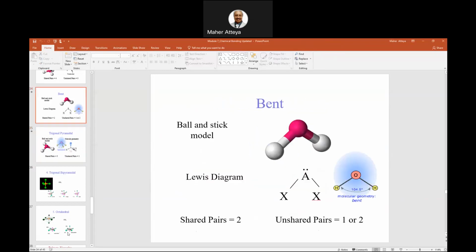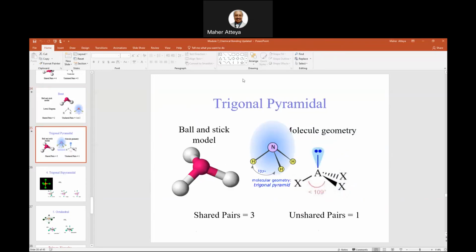This one looks like this. It has one single bond and 3 single bonds. 1, 2, 3. How many zones do we have? 4. 3 single bonds and 1 lone pair. 4 bonds.